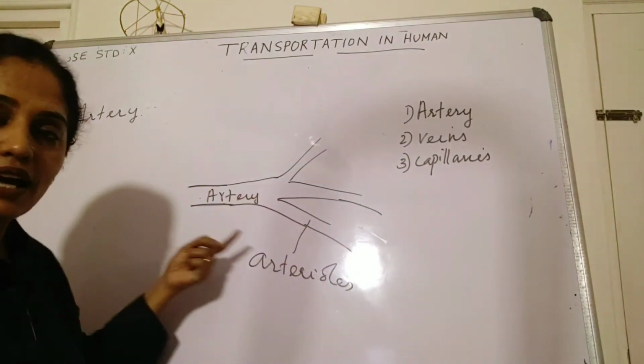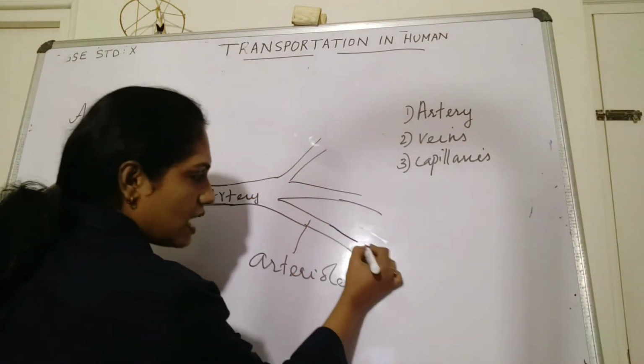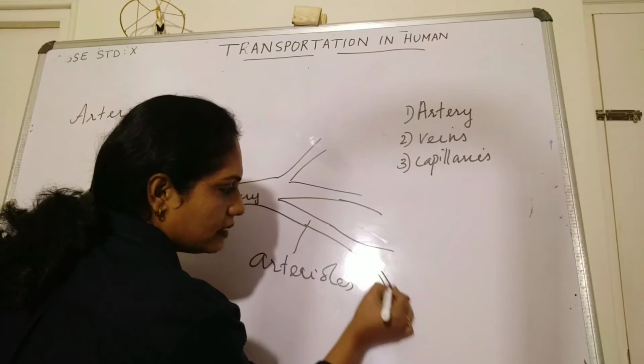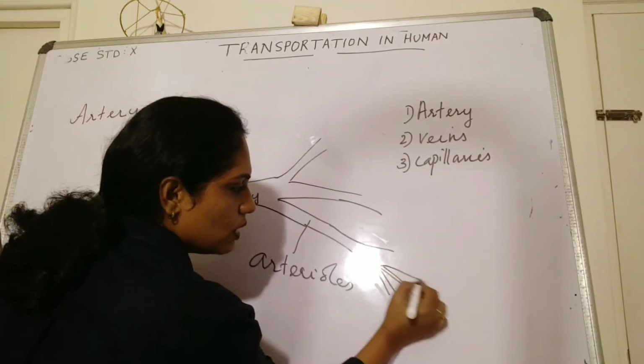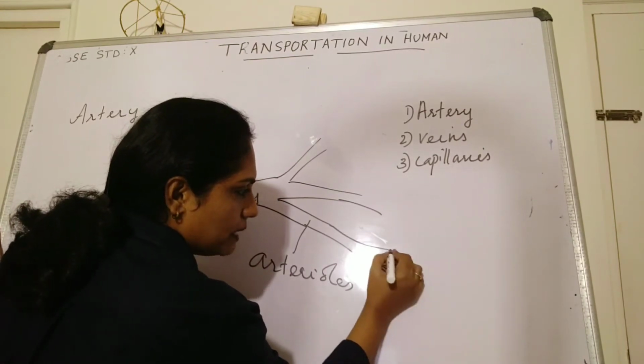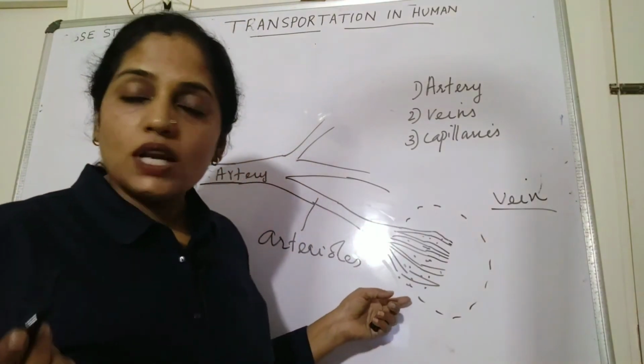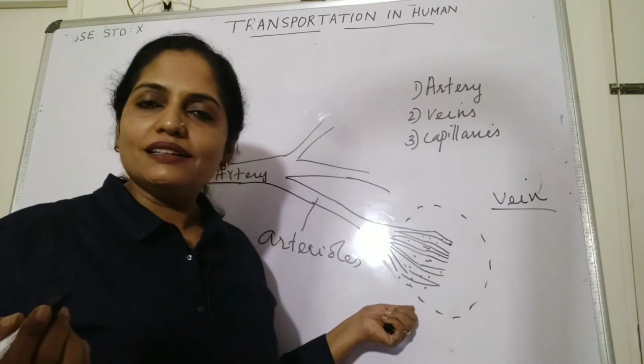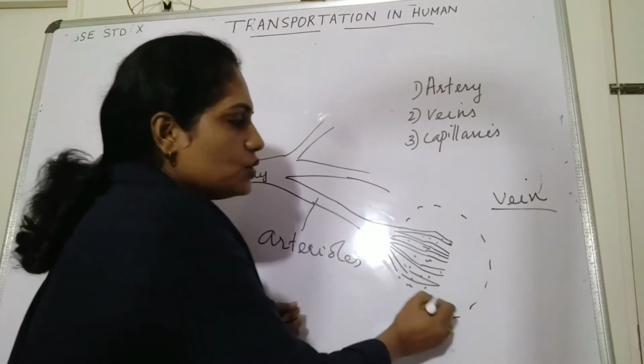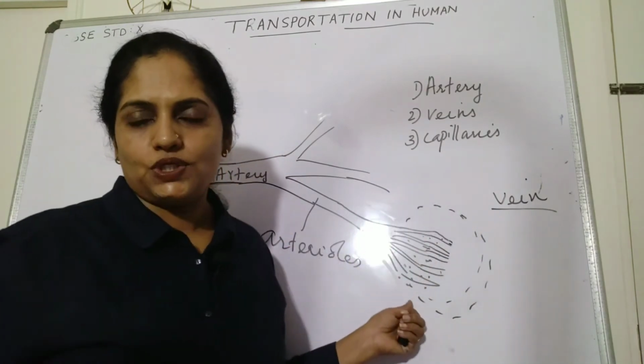You can see many arterioles, and each arteriole again branches into many capillaries. These smaller capillaries bring oxygenated blood into the surrounding tissues.